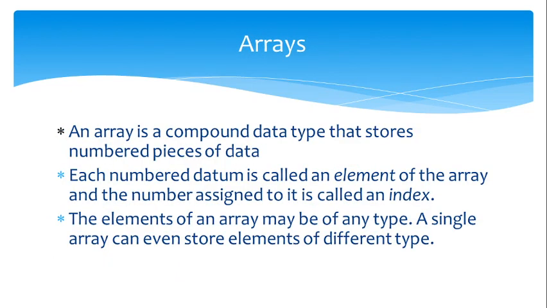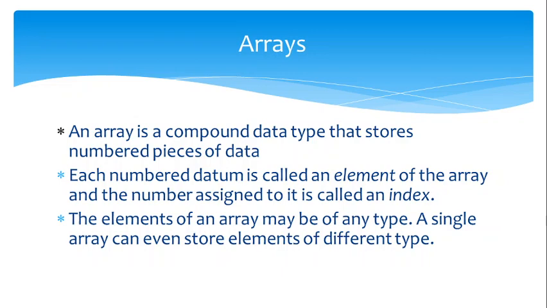Let's move to the next. Array. What is an array? In simple words, an array is a collection of the same data type to store pieces of data. An array is a compound data type that stores numbered pieces of data.